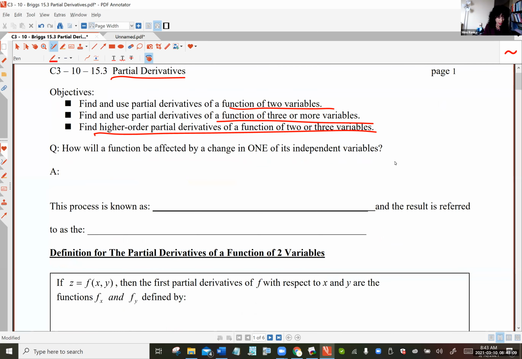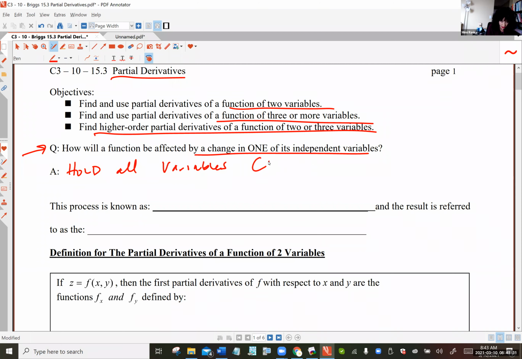So the question is, when you have a function of 2 or more variables, like x and y, what happens when you hold one still but change the other one, let it move around some? So this is the question they're asking. You change one of its independent variables. So the answer is you're going to hold all variables constant.